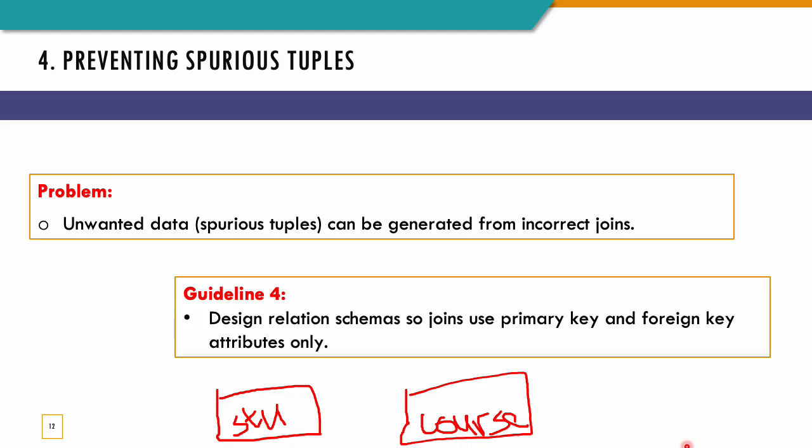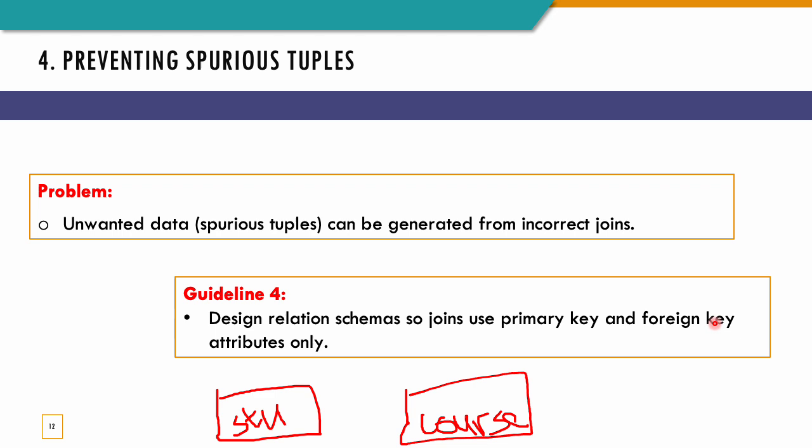So to conclude, spurious tuples happen when incorrect joins lead to extra or incorrect data. So to avoid this, always join tables using primary keys and foreign keys, because these keys ensure that the relationship between the tables is clear and correct. These guidelines will help to keep your database queries accurate, efficient, and meaningful.